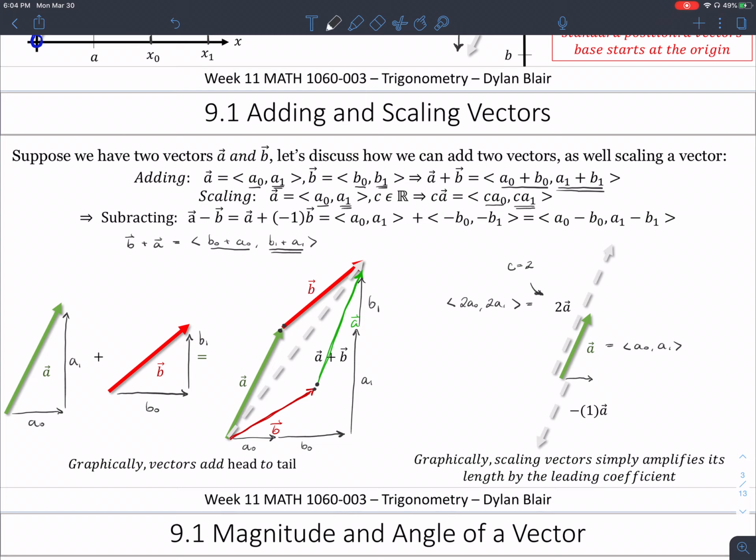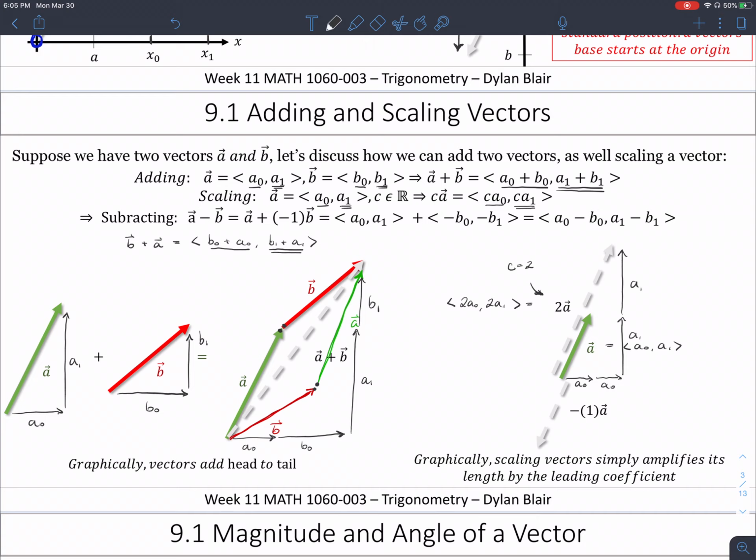That just means that we would be going a naught to the right twice and a1 up twice. So we just doubled its length. We just amplified the entire thing. It's pointing in the exact same direction. It just has a double length and magnitude.